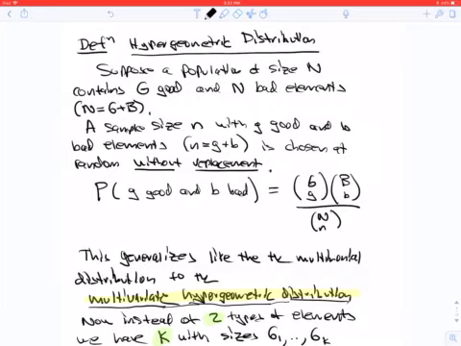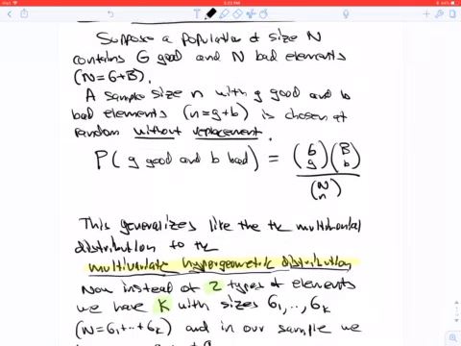So the probability of having g good and b bad is, in our denominator, out of our population size capital N, we choose little n, and in our numerator, our event is out of capital G good, I'm choosing little g, and out of capital B bad, I'm choosing little b.